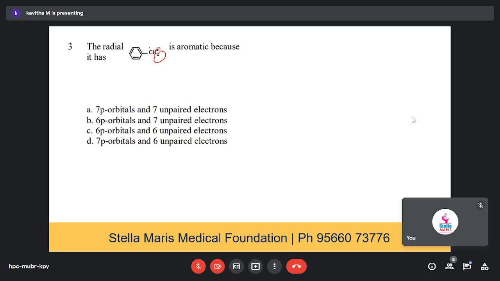You have to discuss with the correct answer, that is the exact reason for that. See, the option is B. It is 6 p orbitals and 7 unpaired electrons.